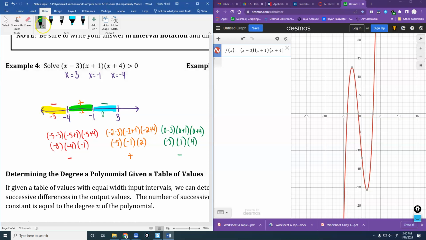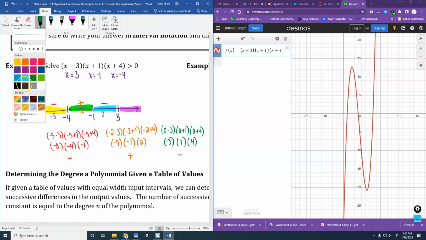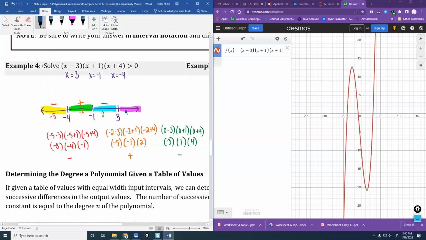And last, we have to check something above 3. 4 is probably one of your easiest.